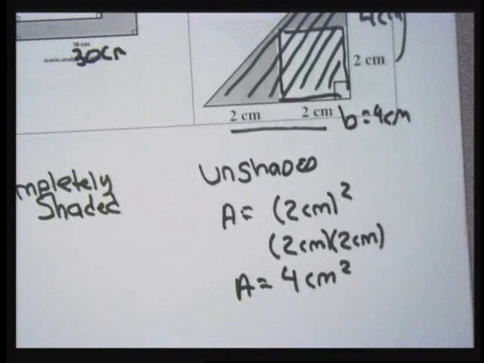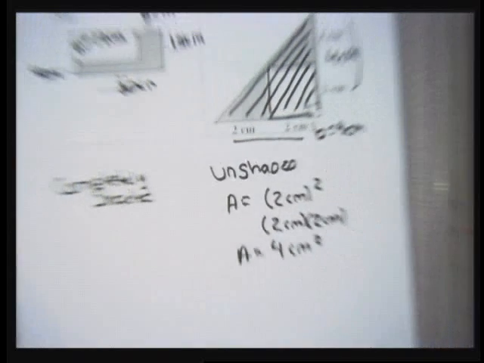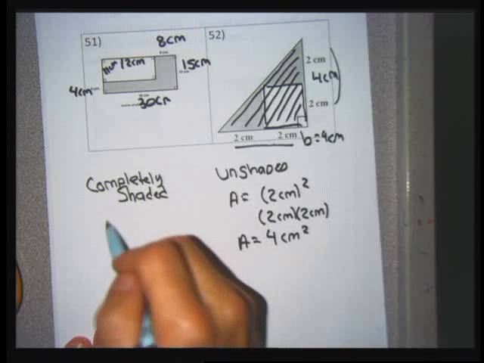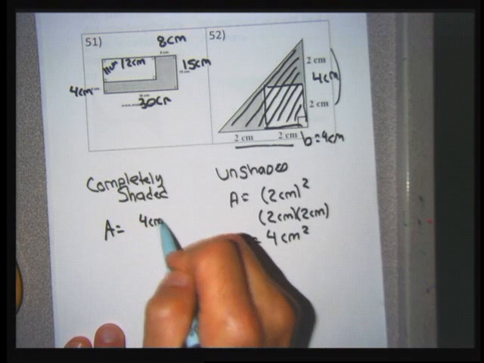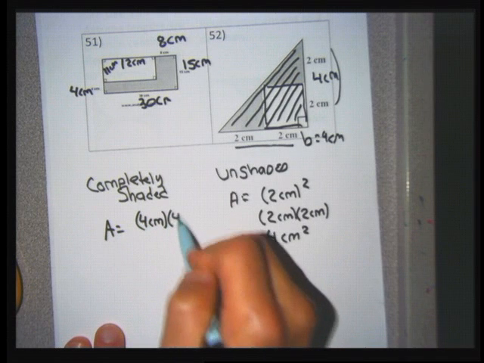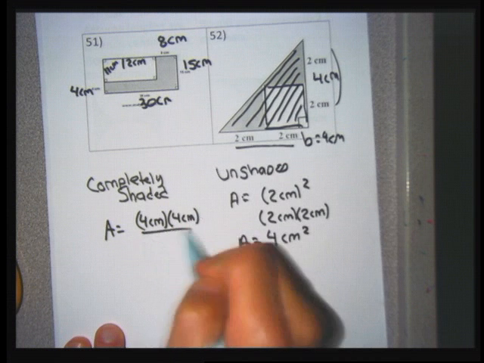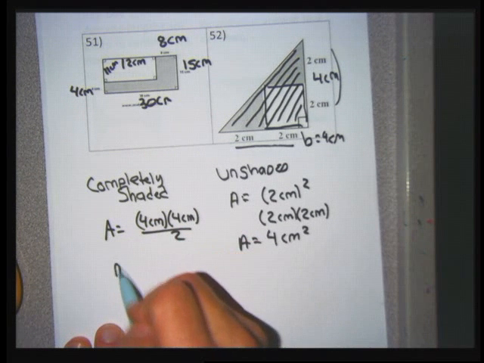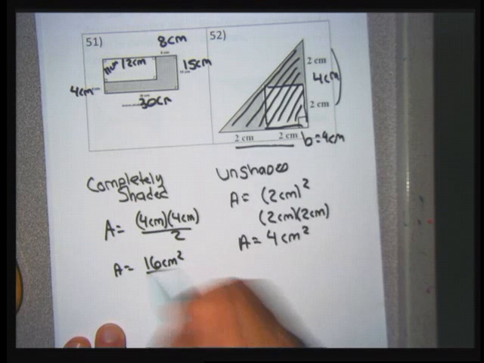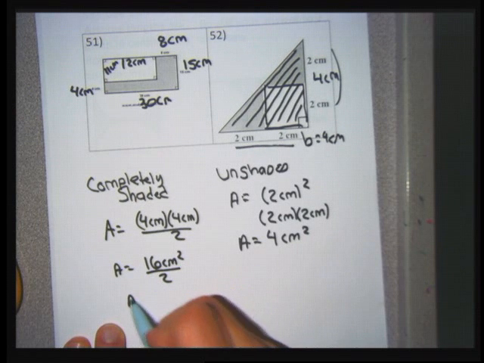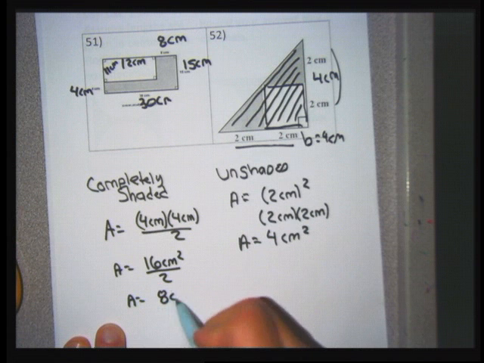Back to my drawing, I haven't done the completely shaded area. That's a triangle, and the area is base times height over 2. Base is 4 centimeters, height is 4 centimeters, and then over 2, that's going to be 16 centimeters squared over 2, which is 8 centimeters squared.